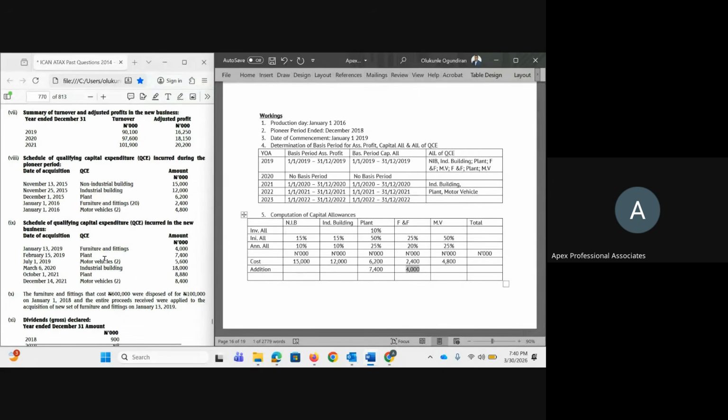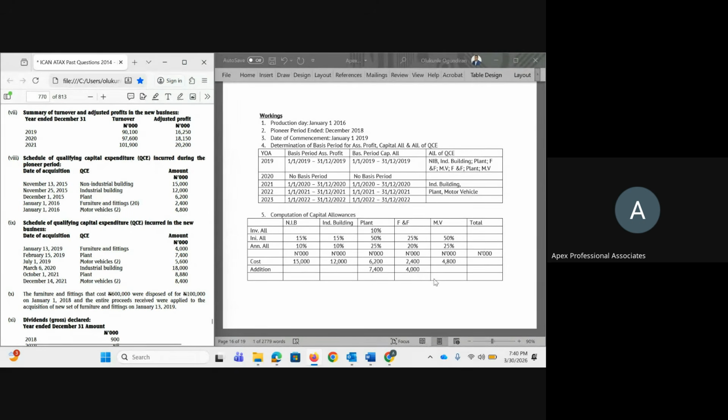Don't forget, you're looking at this table in the question alongside your allocation. The reason for the allocation is to be sure that you are placing it in the appropriate years. So you have to look at this table alongside your allocation table.